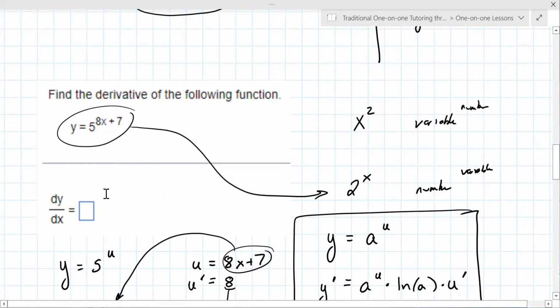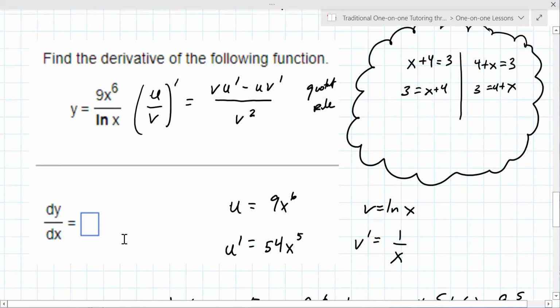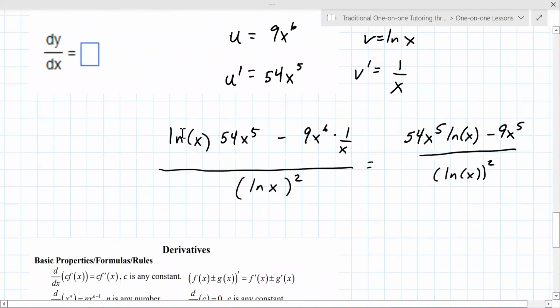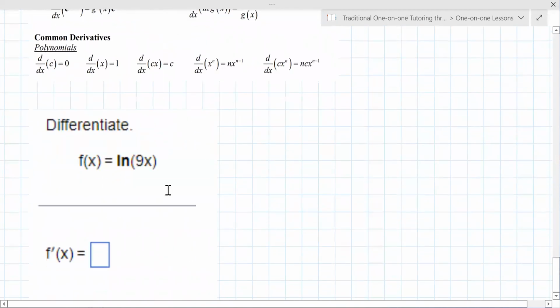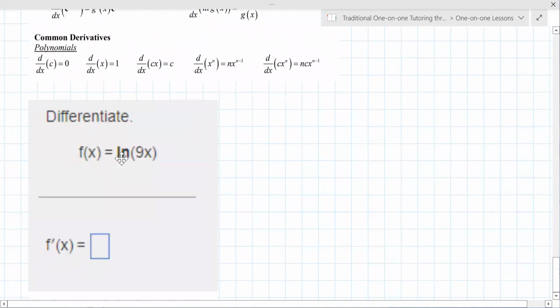Yeah, that one's good. And then this one, I see. This one might be like 8. I don't know. Okay, so that's the only one I got messed up on.